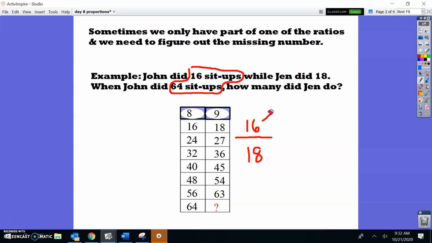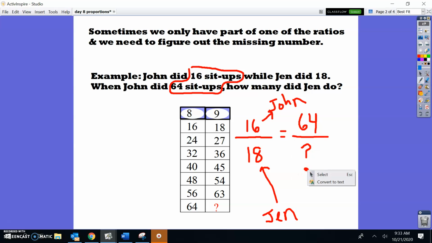So my top number is representing John, my bottom is Jen. I need to stay consistent with my proportion here. My top numbers need to be related to John, my bottom numbers need to be related to Jen. When John did 64 sit-ups, so my 64 would go here. How many did Jen do? So that's our question. We're trying to figure out the missing number here.